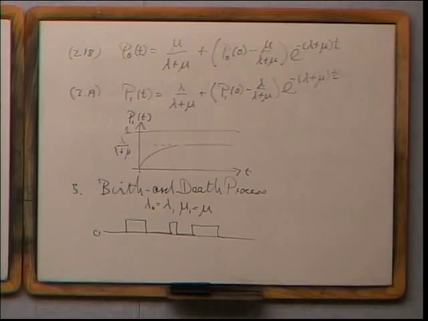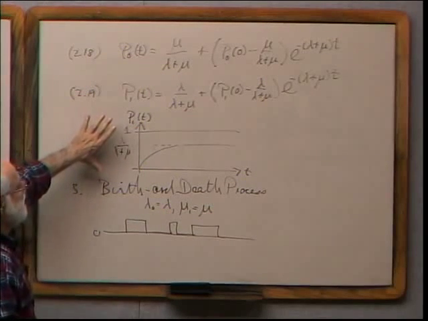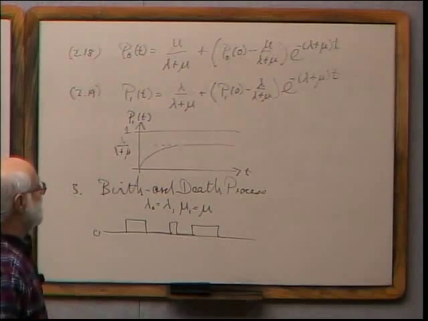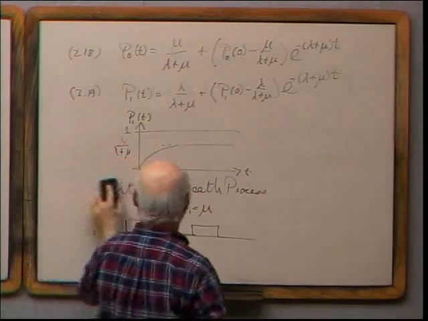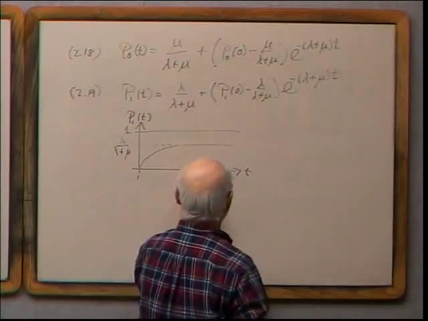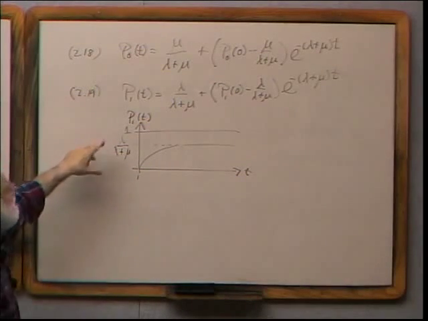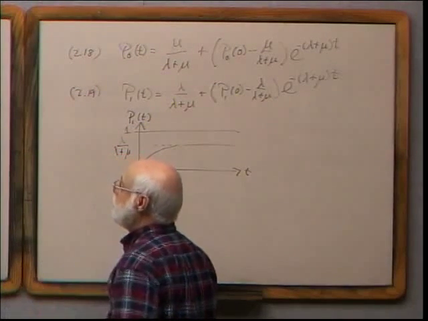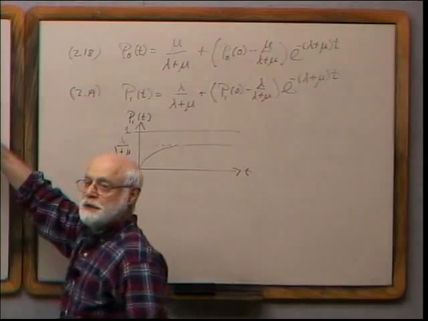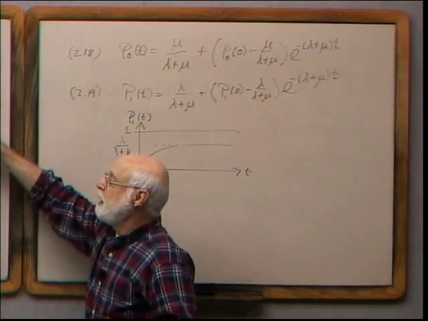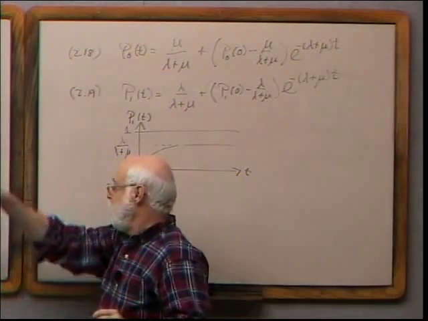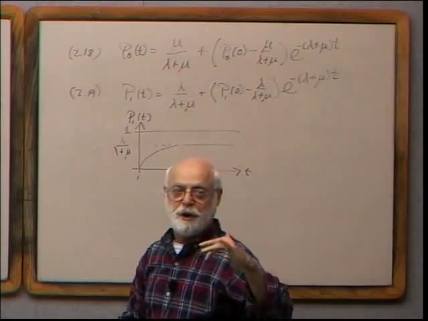Now, it's worth examining this to see what goes on. Let me erase this thing right here. I want to make some observations about this. But let me just step back for a moment. What did I do? We started with these equations. We specialized to the particular case in which we just allowed the system to go back and forth between state 0 and state 1.